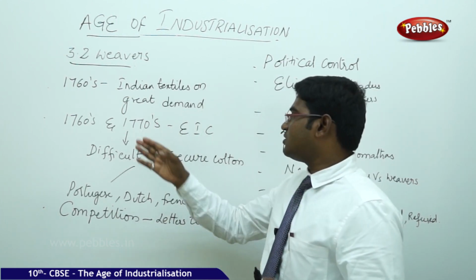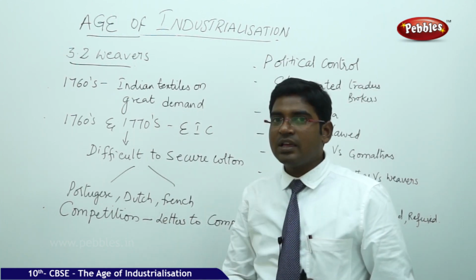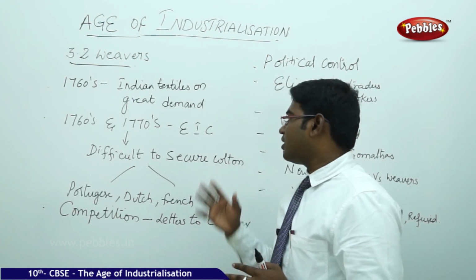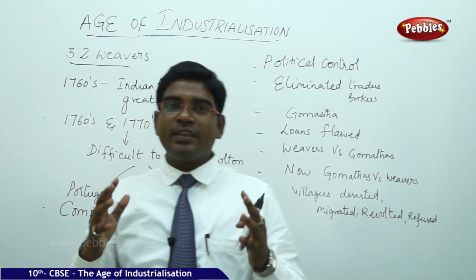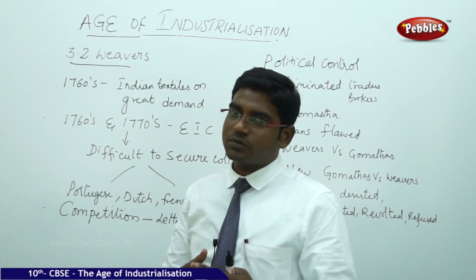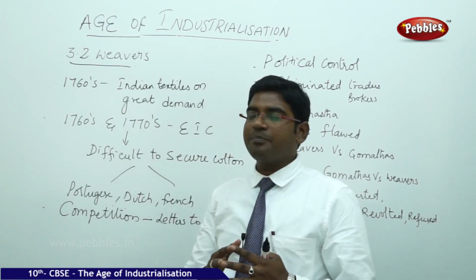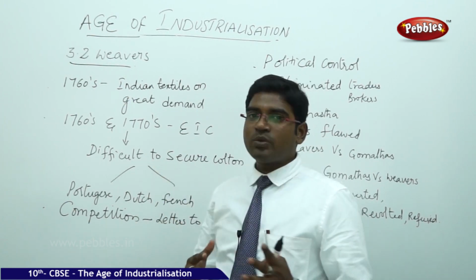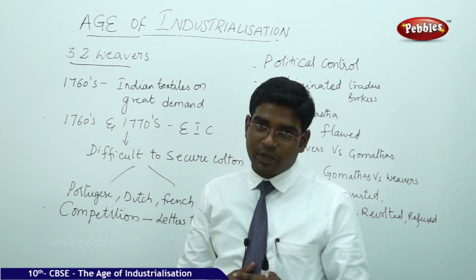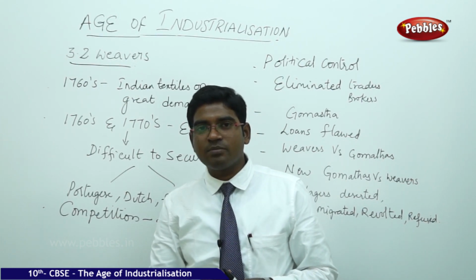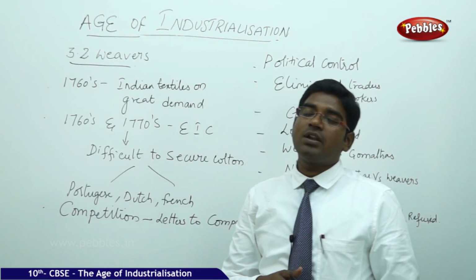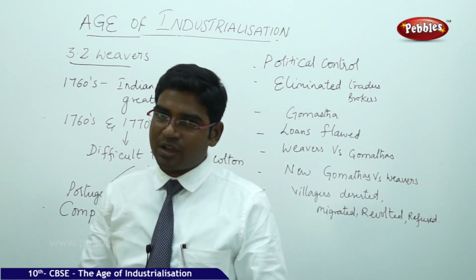It is only in the 1760s and 1770s that the East India Company got established here. And in the wake of the Carnatic and the Bengal wars, the victorious East India Company wanted to have control over the textiles, because it was finding it very difficult to secure cotton from the Indian land. What is the difficulty for the East India Company?